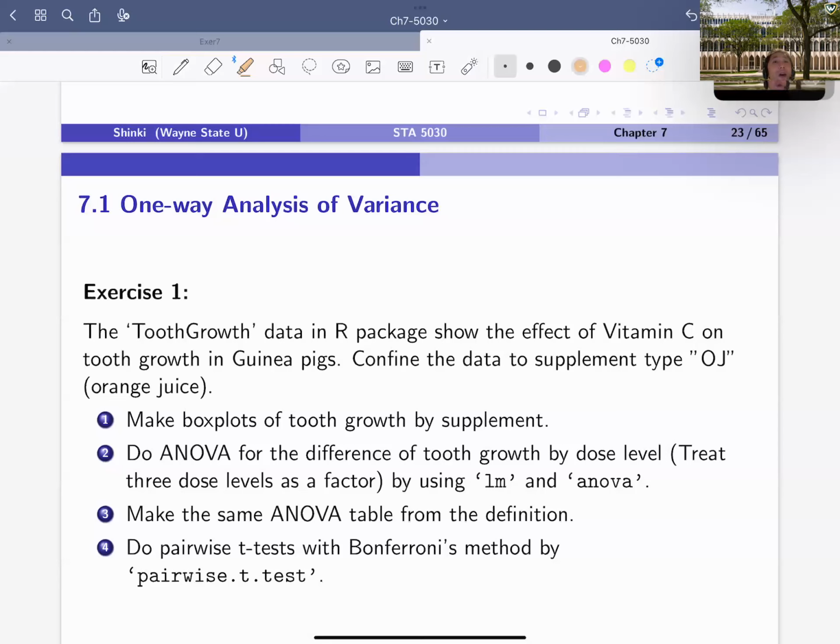We want to compare these groups by ANOVA. At first you can use the lm function and the anova function, and from the definition you can calculate everything from scratch. Also you can do pairwise t-tests.